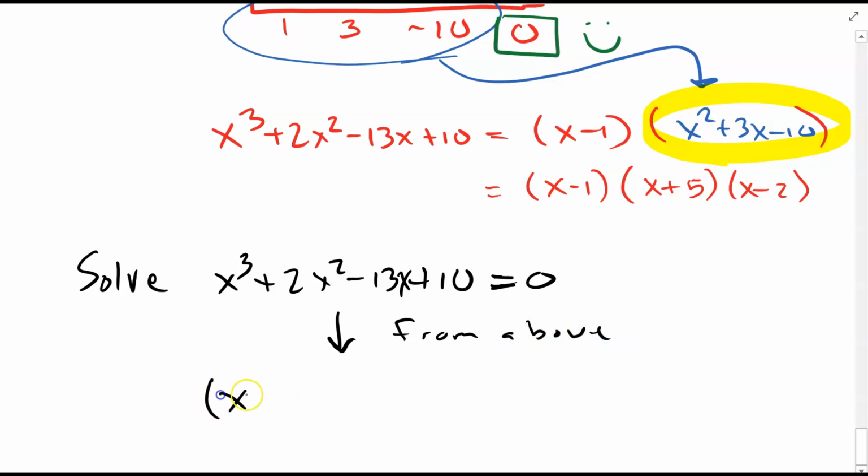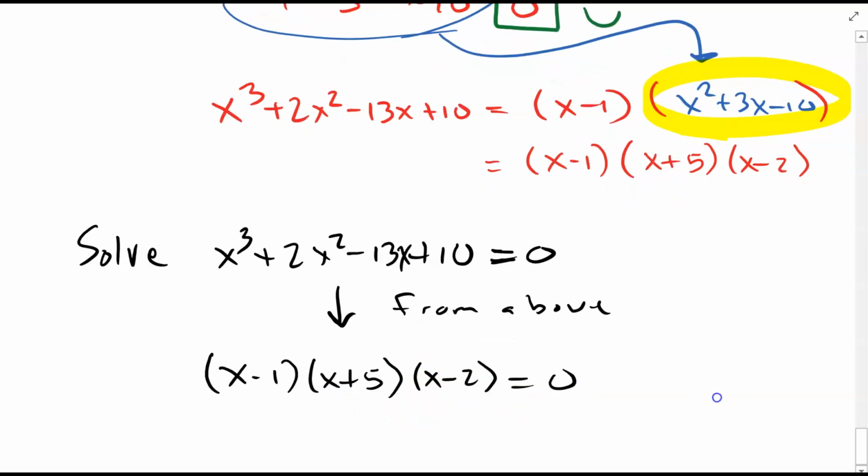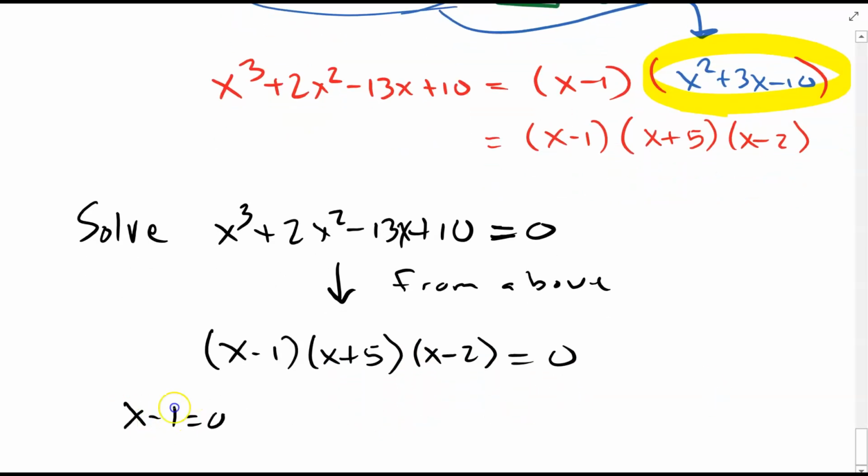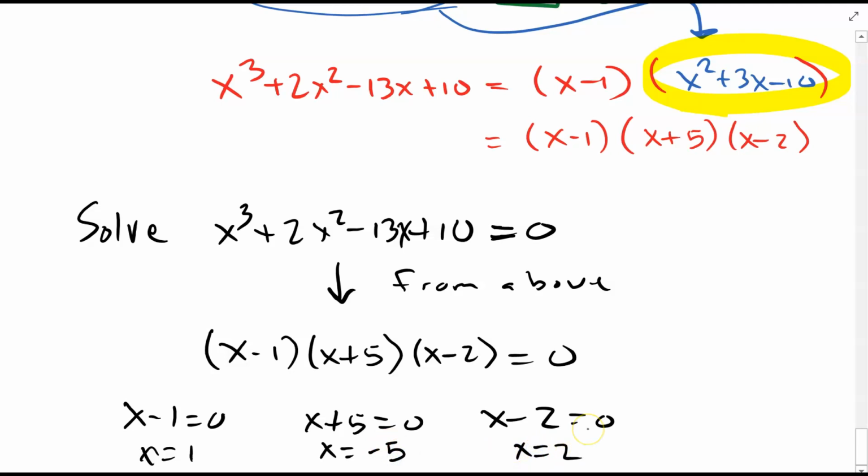Well, I know the factored form for it already, right? Yeah, so then I just set each one of these equal to 0. And it's easy, right? The hard part is getting it factored. Once it's factored, the solving, that's a piece of cake. We're going to stop here.